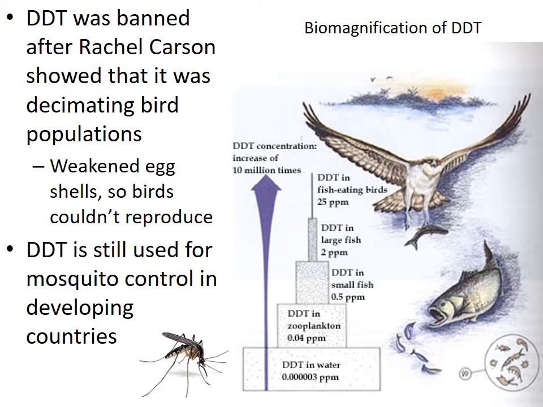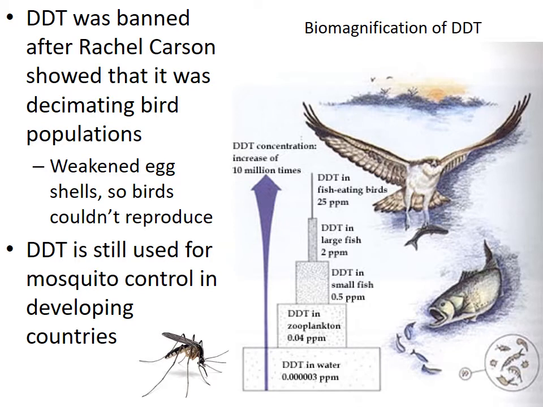One of the most famous scientists and activists who recognized the harm and publicized it was Rachel Carson. Rachel Carson made the connection between DDT use and crashing bird populations, particularly predatory birds, which were failing to reproduce because DDT, once biomagnified in the food chain and accumulated in predatory birds like an osprey or a bald eagle, causes the eggshells to not form properly.